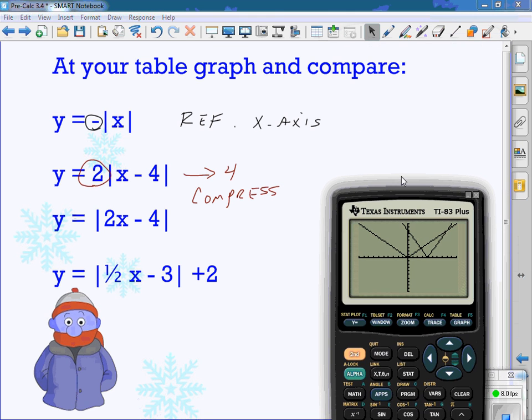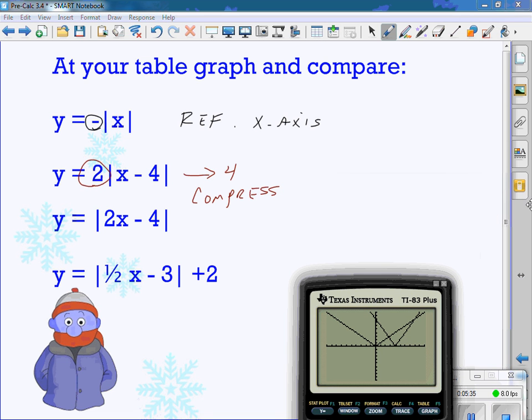Compression, which way, side to side? Horizontally. Compressed horizontally. Compressed horizontally by 2.